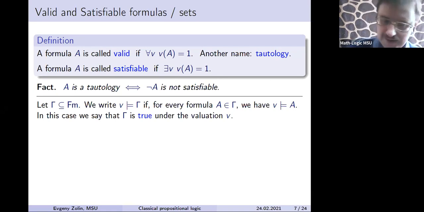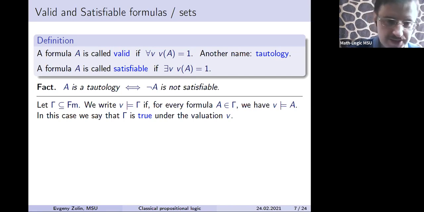So gamma is true under this particular valuation V. Of course, we could consider the notion gamma is valid, meaning that all formulas from gamma are valid, but this is not a very interesting notion. This only means that all formulas are valid, so it reduces to the property of each particular formula.